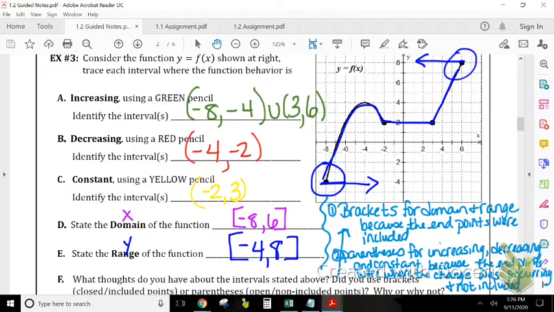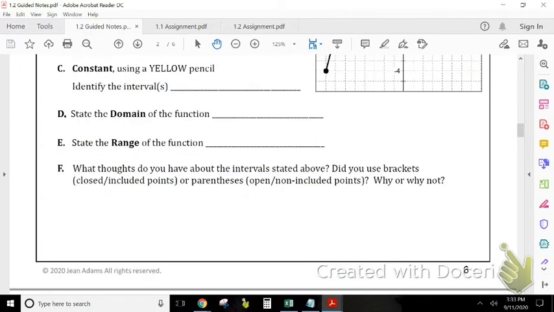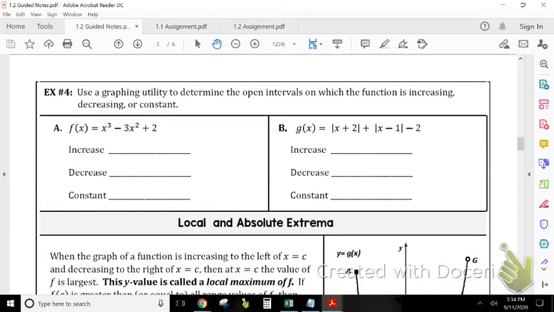So let's look at example 4. Example 4 says using a graphing utility to determine the open intervals on which the function is increasing, decreasing, or constant. So we're going to put that into our y equals. And when we do that, we're going to get a graph that looks something like this. Okay?